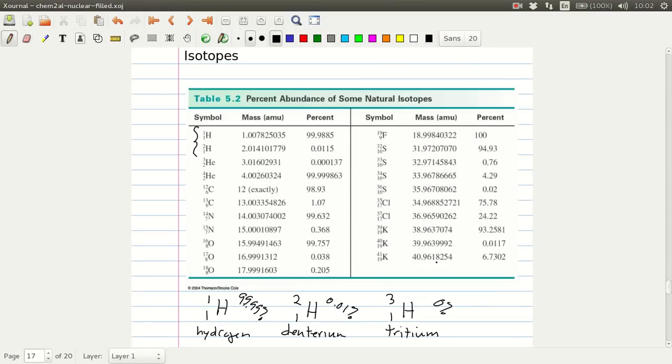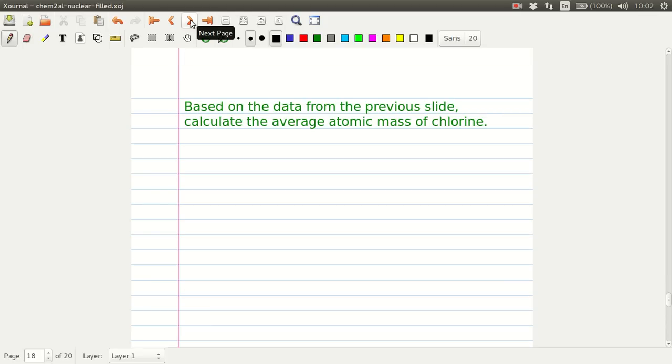Let's look at chlorine. We have 2 isotopes of chlorine, chlorine-35 and chlorine-37, and I'm going to go to 1 decimal place, so when I do my calculation, you should use as good data as you can. I'm going to say chlorine-35 has a mass of 35.0 AMU, and chlorine-37 has a mass of 37.0 AMU.